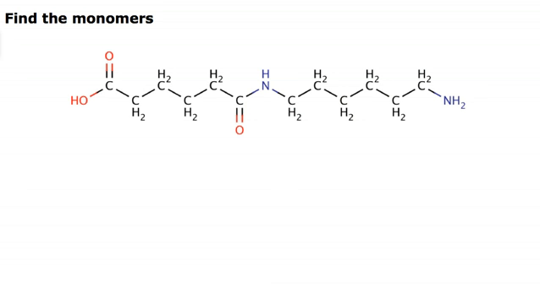Now, in terms of finding the monomer, again, you still need to be able to do that, but it's really not that hard, because in condensation polymerization, you're always looking for carboxyl groups. So there's the carboxyl group of interest, and there is my amide linkage, and so now I can see my two molecules.